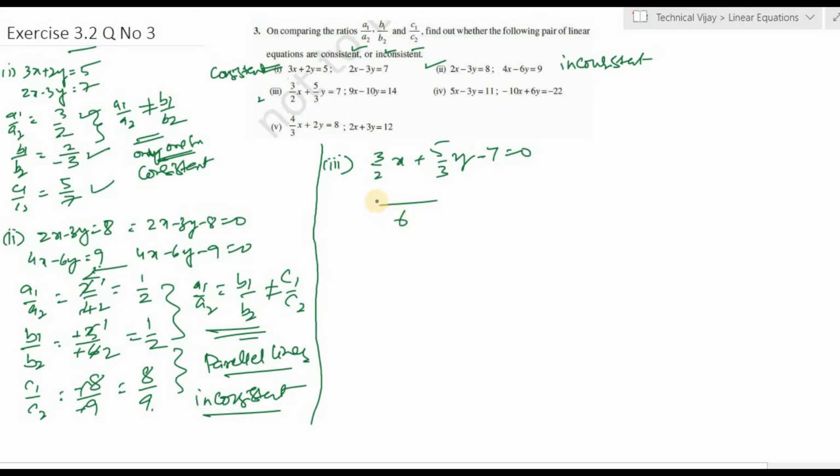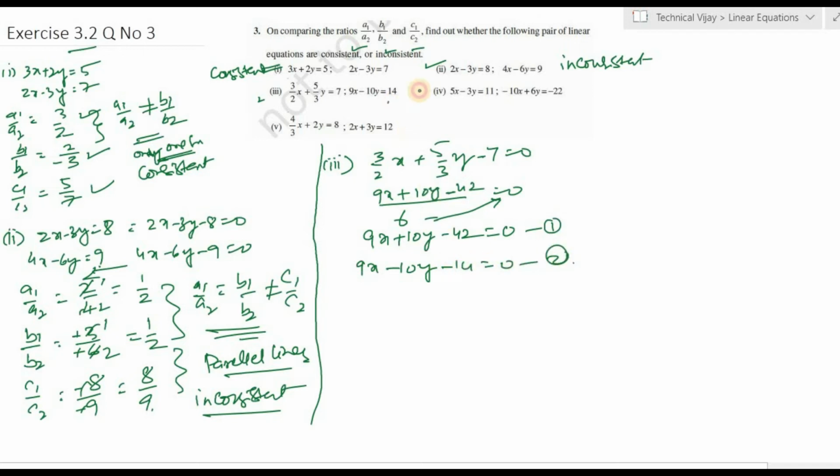So 3 2s are 6, 2 3s are 9x plus 10y minus 42 equal to 0. So this can be written as 9x plus 10y minus 42 equal to 0, because 6 multiplied with the 0 will become 0 only. This is the first equation. The second equation is 9x minus 10y minus 14 equal to 0. Directly they have given this one.